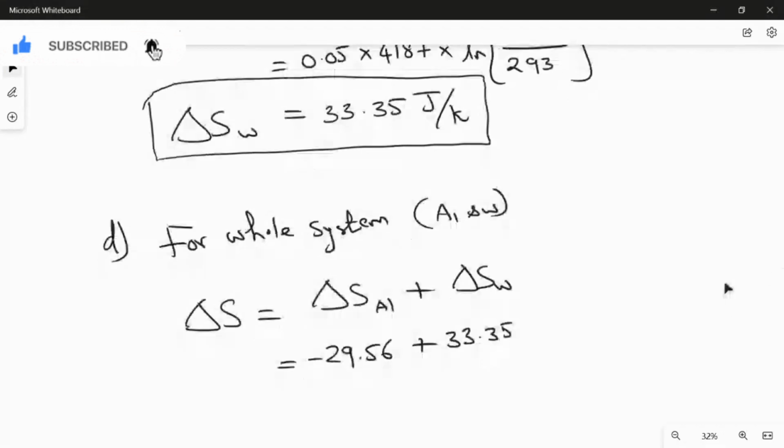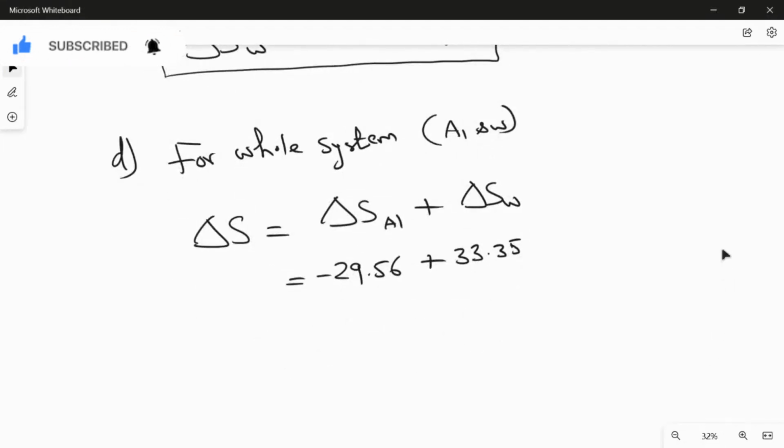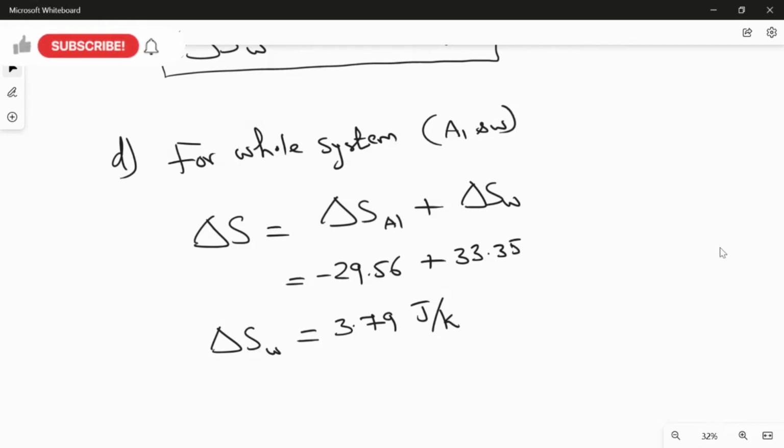So let's see what is the entropy value for the whole system. 33.35 minus 29.56, we got the answer as 3.79, and the unit is joules per Kelvin, which is the entropy change for the whole system. W stands for whole, S stands for system. So this is the answer.